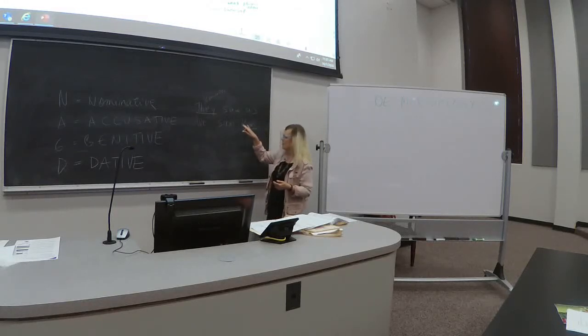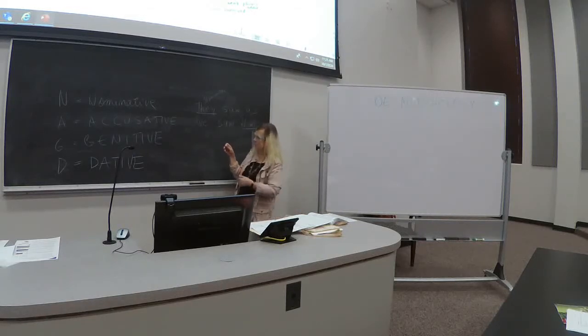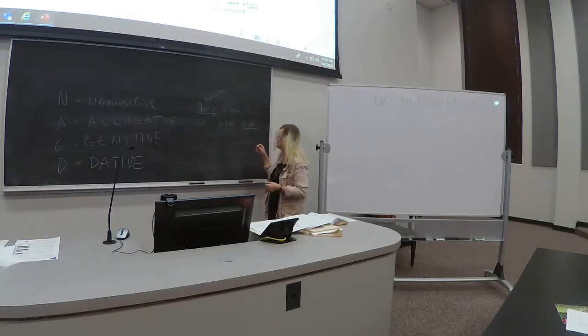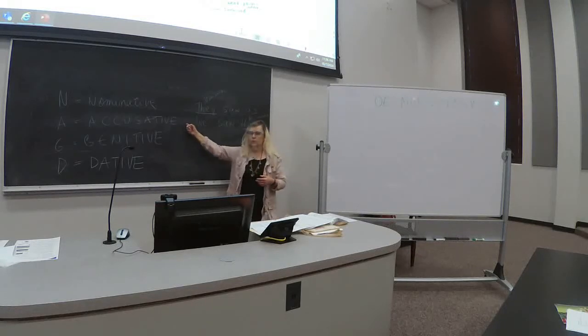This is a remnant of the accusative, actually a collapsed dative and accusative, but still. So this is the object form, and in Old English it would have been called the accusative case. Accusatives are used mainly for direct objects in Old English.